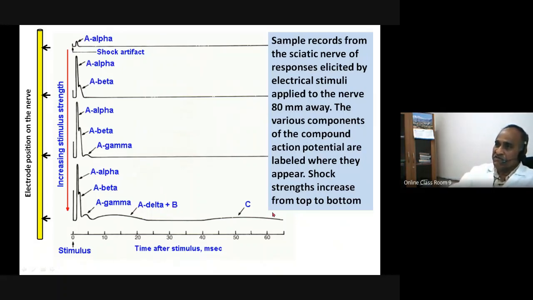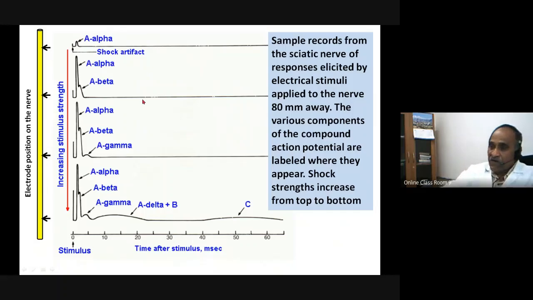And this is the C fiber. So you can see that C fibers appear late, the B or A delta fibers in between, and alpha, beta, gamma come in sequence. So this is the classification of the nerve fibers according to the peaks.